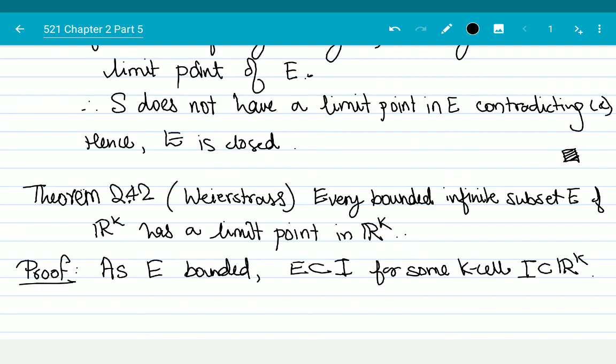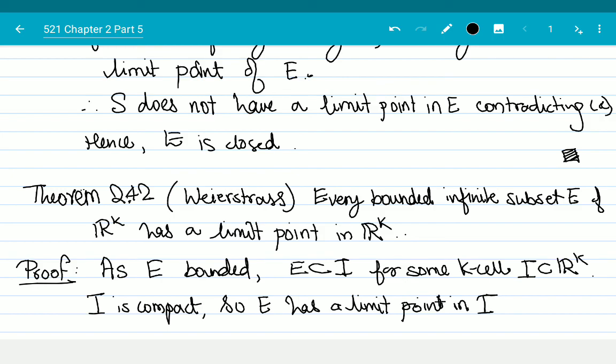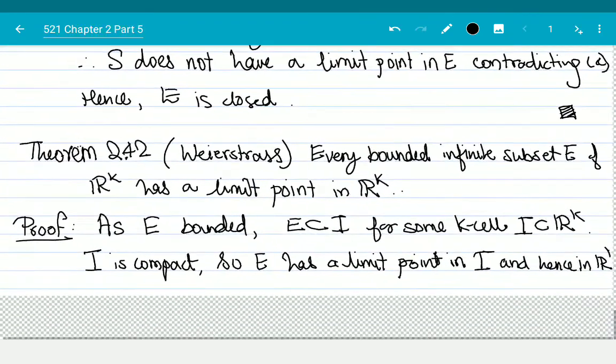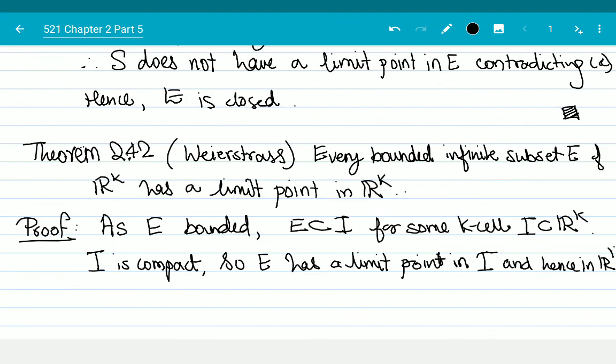I is compact, so E has a limit point in I, and a limit point in I implies a limit point exists in Rk, and hence we are done. Great. Easy peasy.